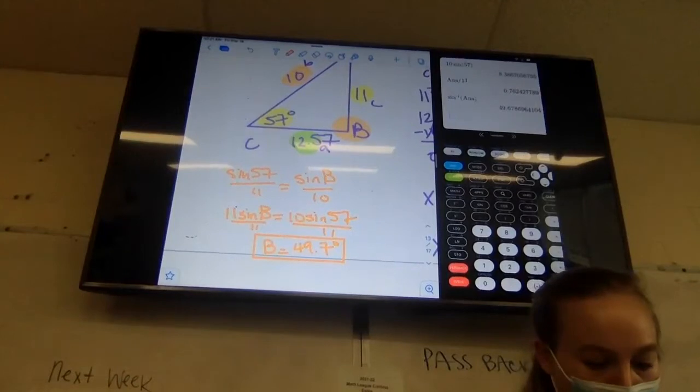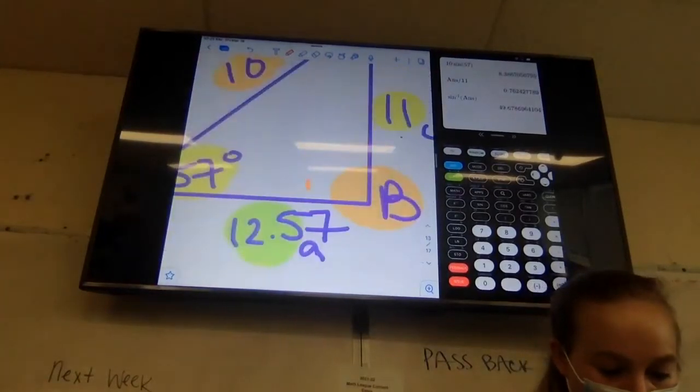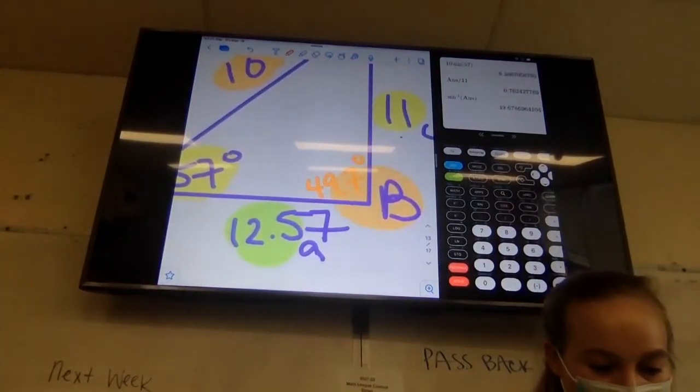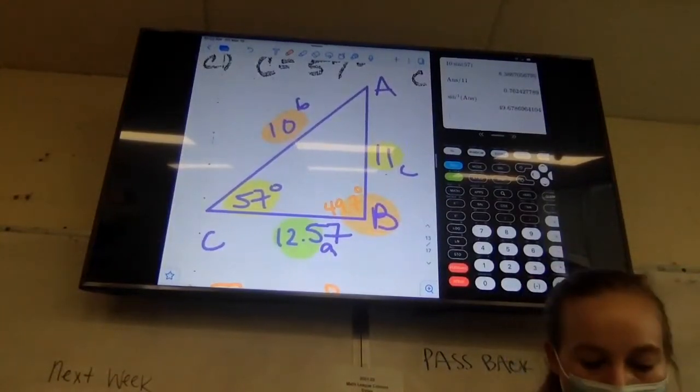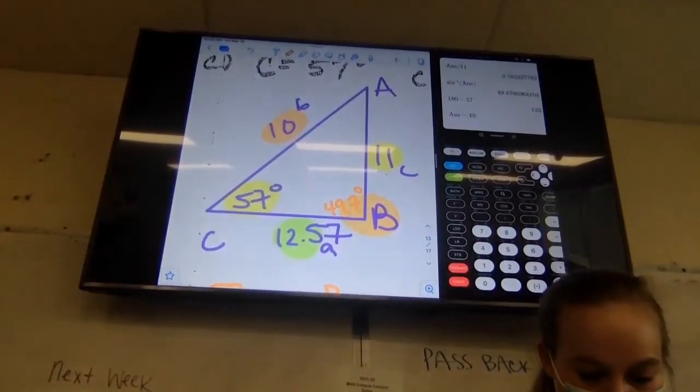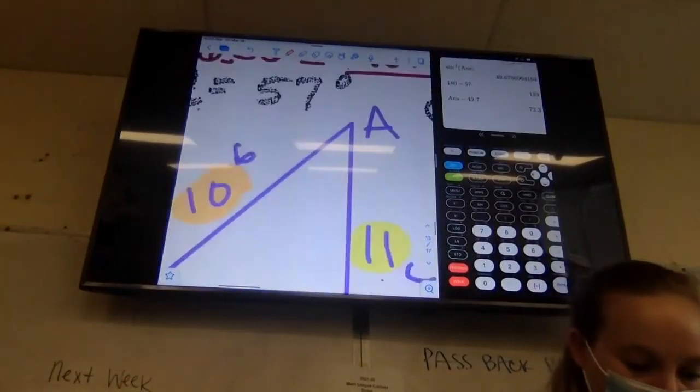Okay, all right, 49.7 is going to be angle B. And then we can pretty easily find angle A. Just add them up and subtract from 180, right? Okay, 180 minus 57 minus 49.7, and I get 73.3.